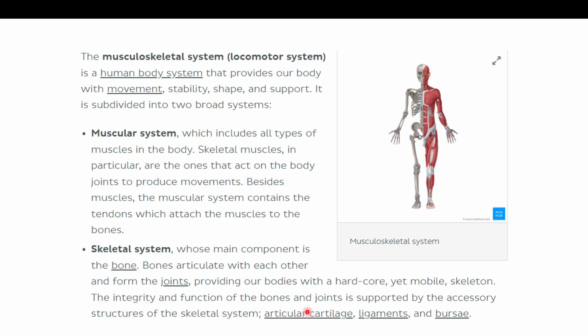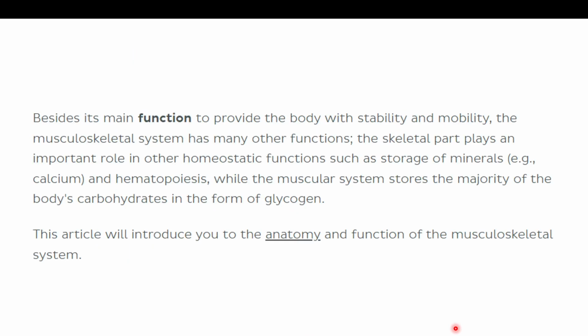And the integrity and function of the bones and joints is supported by accessory structures called cartilage, ligaments, and bursae.